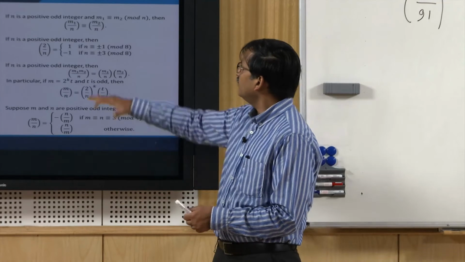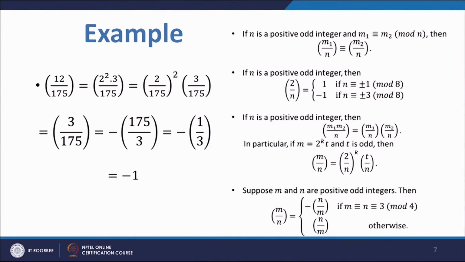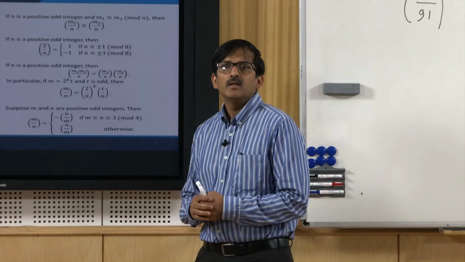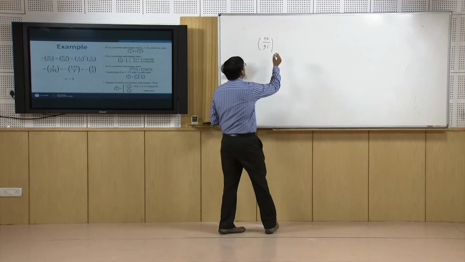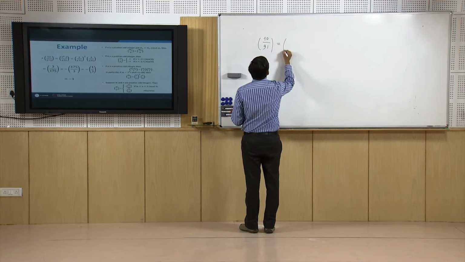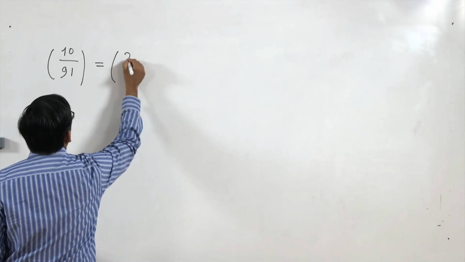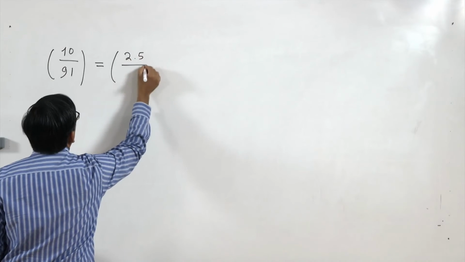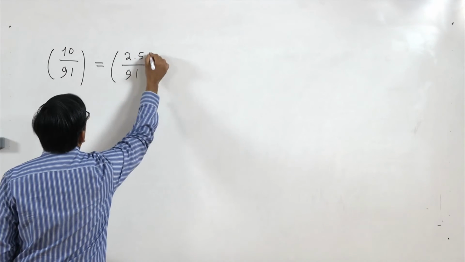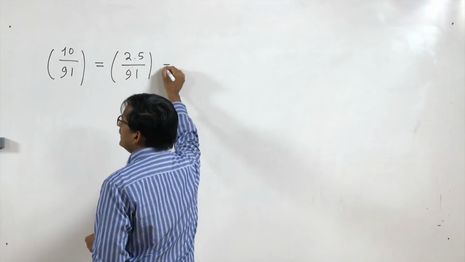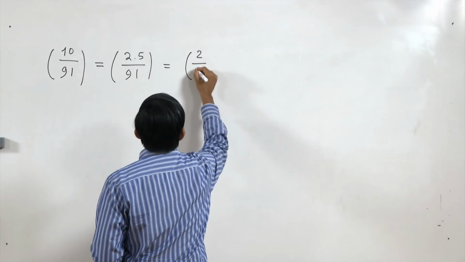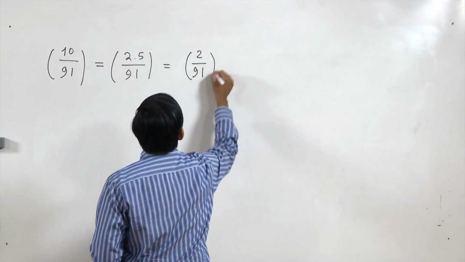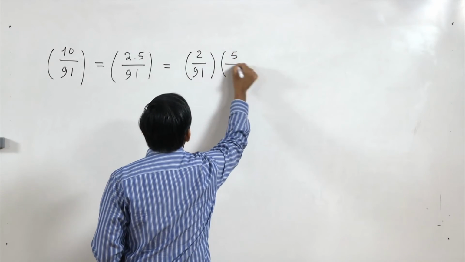So, I come to the second rule, because 10 is a positive even integer. So, I will write this in this way: 2 into 5 by 91, and then I use the third rule to split up the symbol. So, I get this.